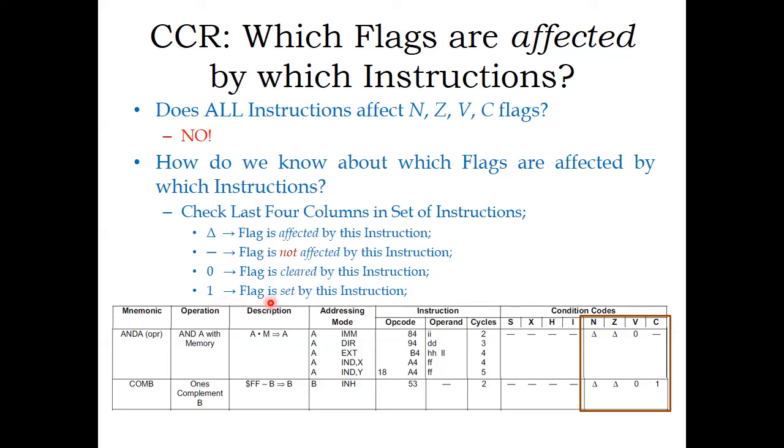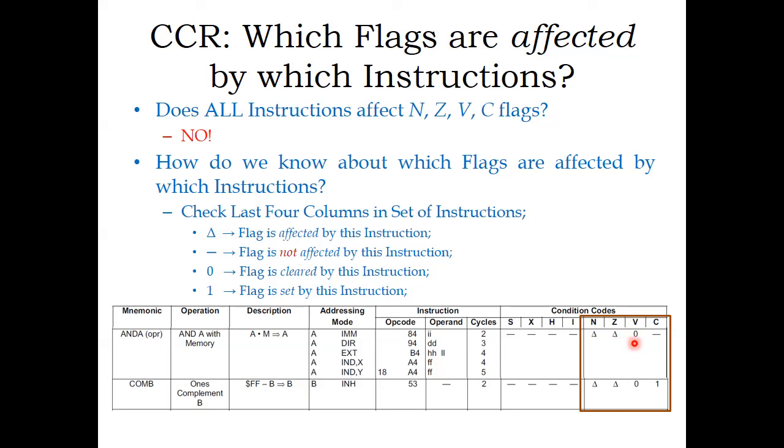So, as you can see, we are showing one of the instructions here, which is AND A. If you look at the 4 condition bits, that means the N flag is affected. That means the N flag can be set or cleared based on the outcome. Z flag can be set or cleared based on the outcome.